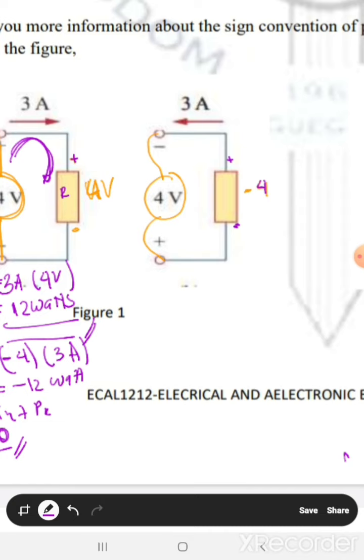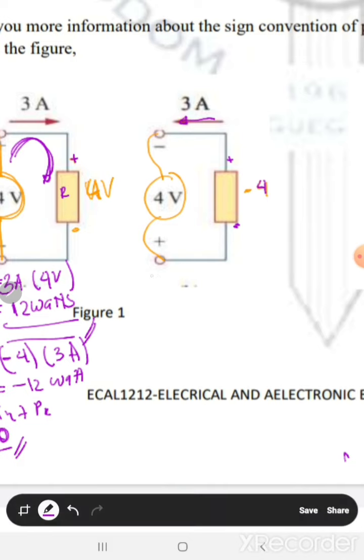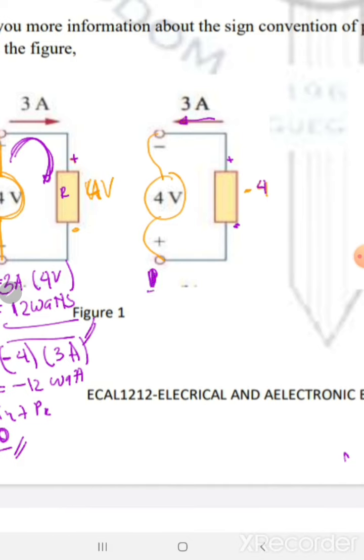Okay? So, if you have a positive 3 ampere, I will assume that this will be the current direction. So, I is equal to positive 3 ampere. It is entering the negative of V. So, V is equal to VR.